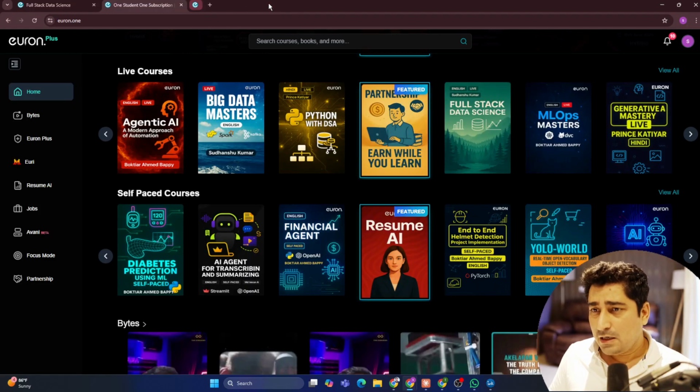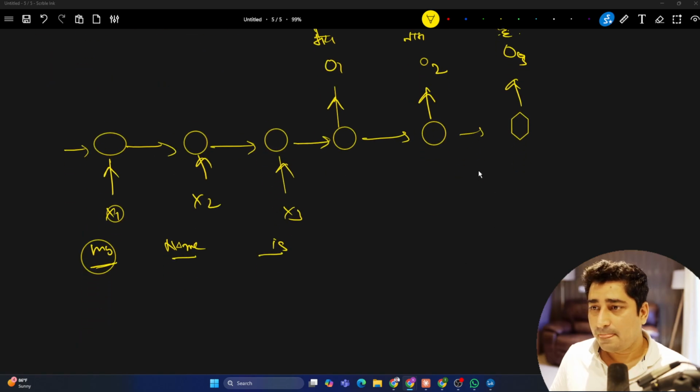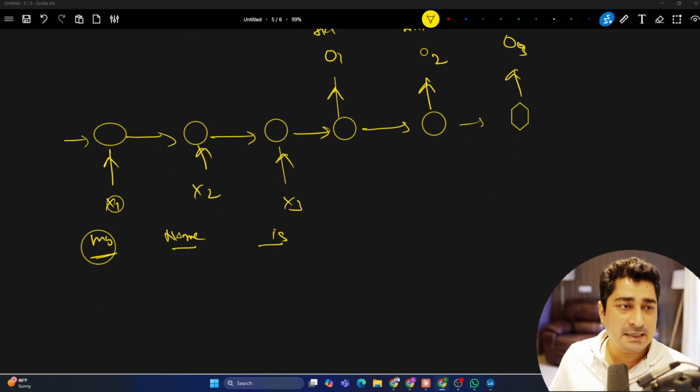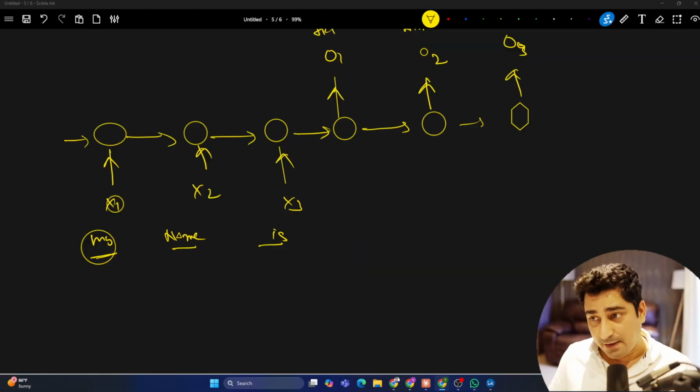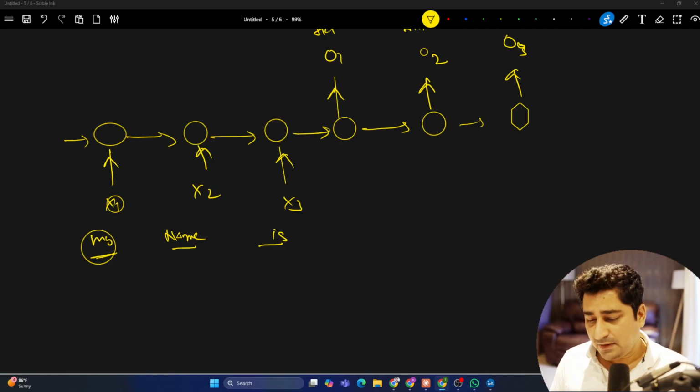Okay, now moving ahead. Inside this RNN, this is the vanilla RNN, people have come up with a different kind of network design so that it will be able to retain memory and understand context for a longer period of time.